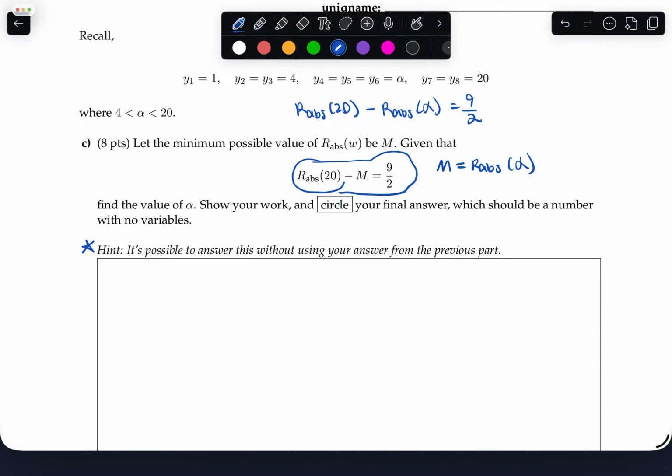So in words, the MAE at W equals 20 is exactly 9 over 2 larger than the minimum value.